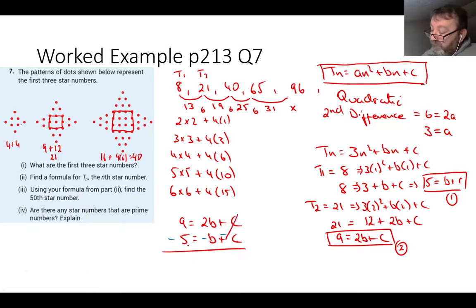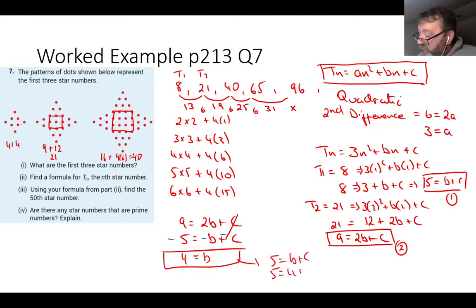The c's cancel, and I'm left with 9 minus 5, which is 4, equal to 2b minus b, which is b, and there's b. And the last thing I do then is I go back to equation 1. If 4 is b and 5 is equal to b plus c, then 5 equals 4 plus c, so therefore c is equal to 1.